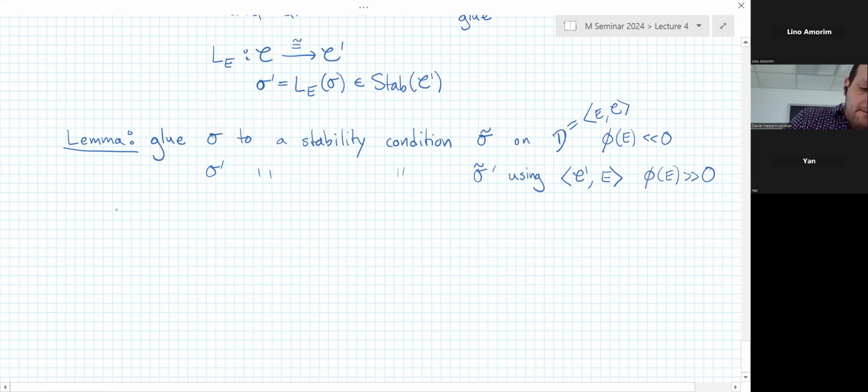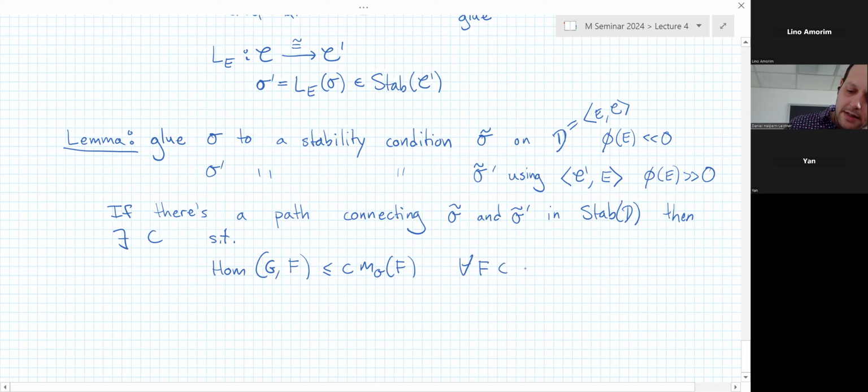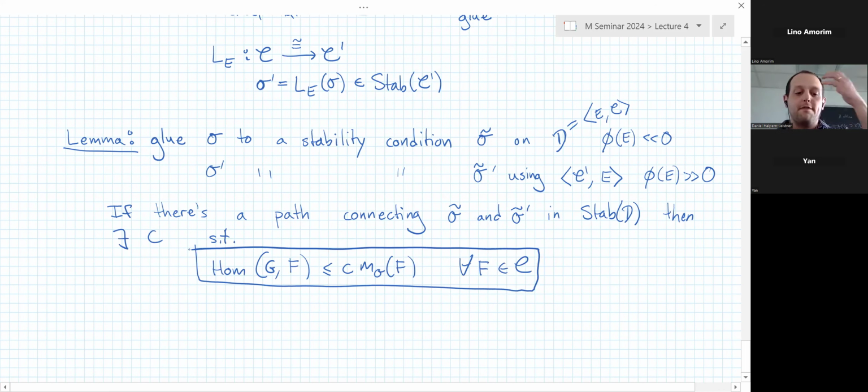And the little lemma says that if there's a path connecting sigma tilde and sigma tilde prime in Stab of D, then there actually exists a constant C such that hom of G comma F is less than or equal to C times M sigma of F for all F in C. So you get this very appealing looking bound on Homs just from the fact that these two glued stability conditions should be connected by a path in the stability manifold.